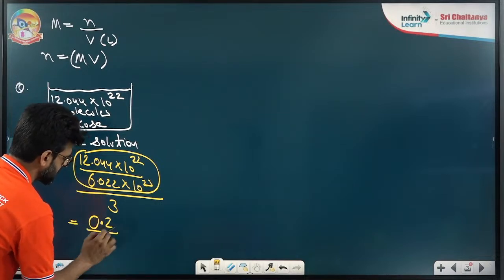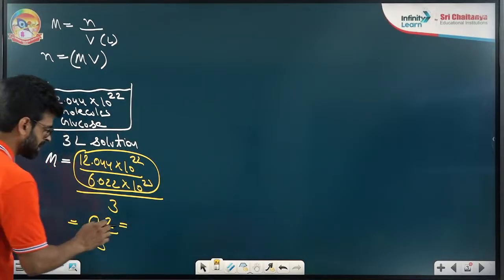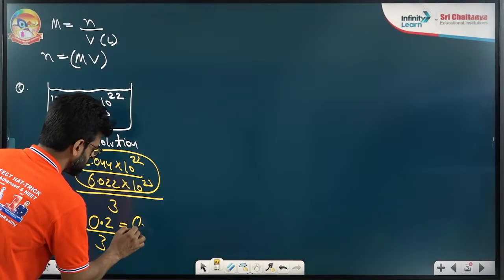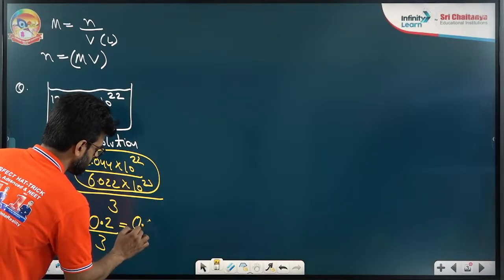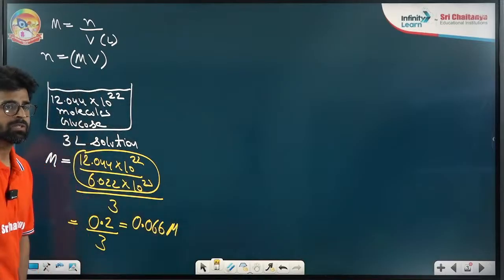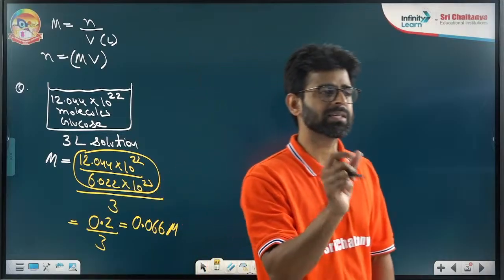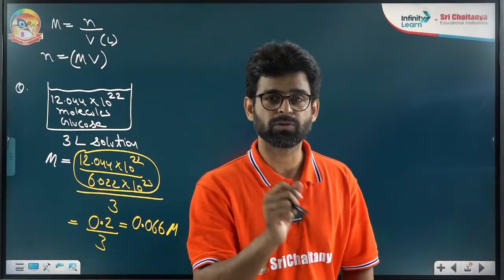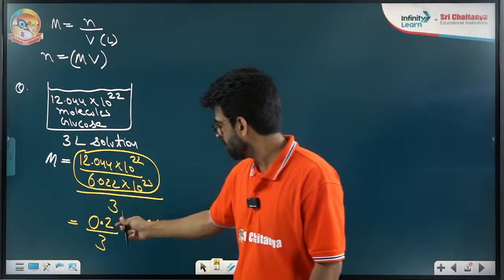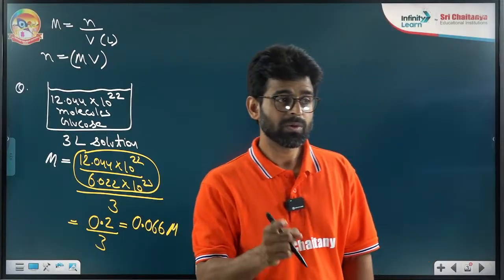And divided by 3. 0.2 divided by 3, so what's coming here? 0.066. Be careful about these points also. It is 0.2, I will divide by 3, so 0.06 will come, not 0.6.